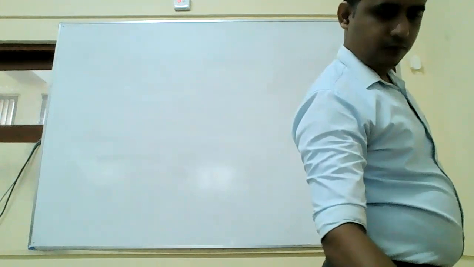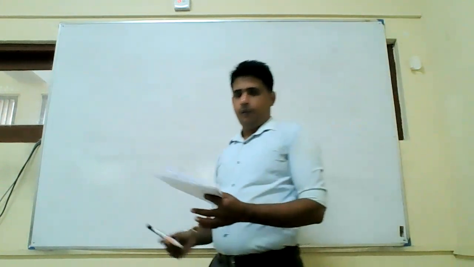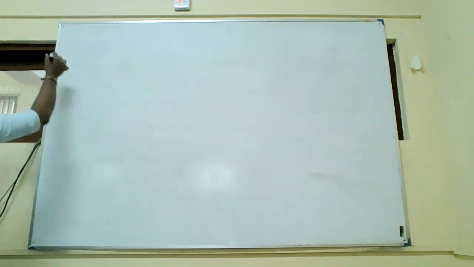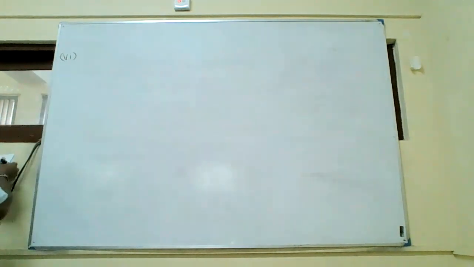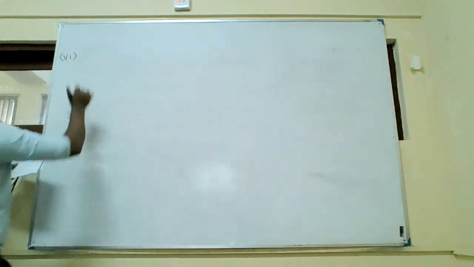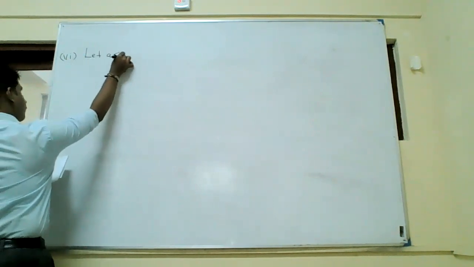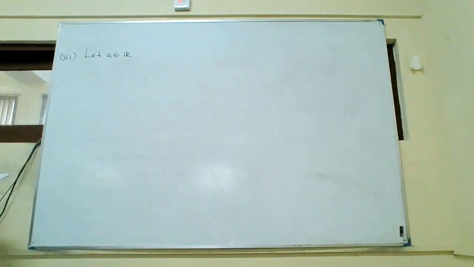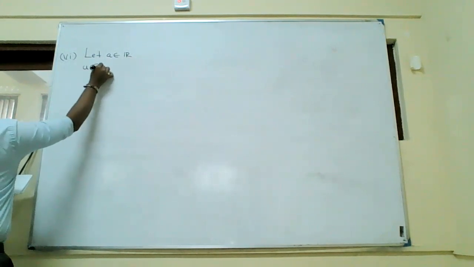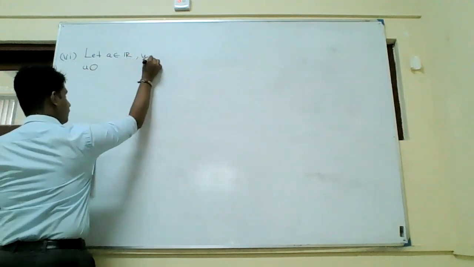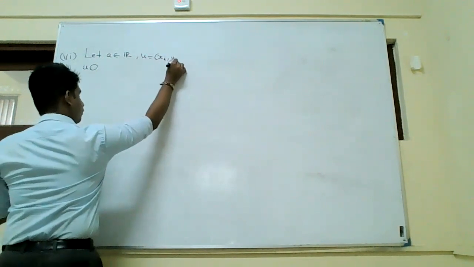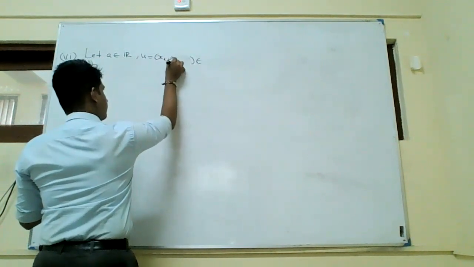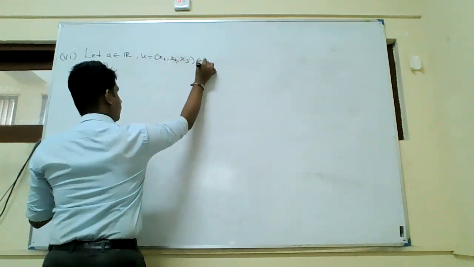Axiom number 6. You take one scalar a, then you take the scalar multiplication with this vector (x1, x2, x3), which belongs to R3.